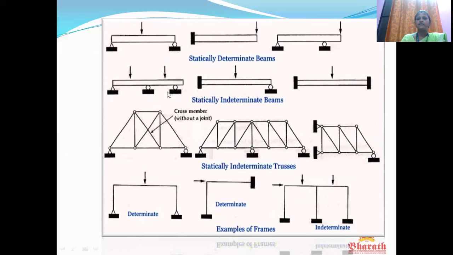So 2 plus 1 plus 1 is 4, so the total number of reactions available in the beam is 4. What is the number of equilibrium equations? 3. So 4 minus 3 is not equal to 0; we are getting 1. If it does not satisfy the condition of equilibrium equations, we call it a statically indeterminate beam.